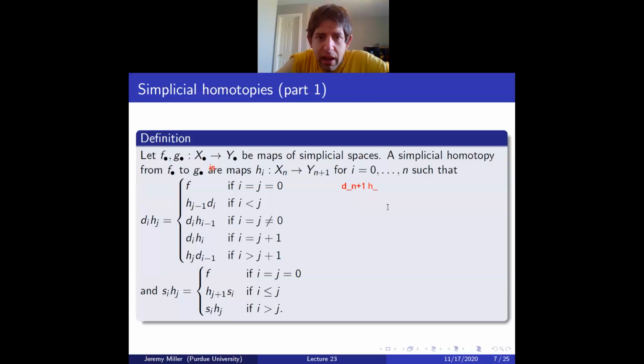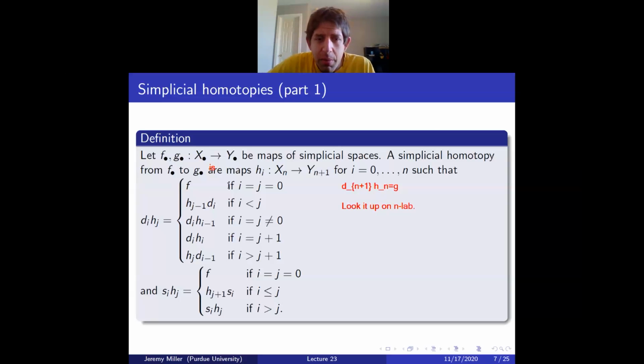Probably I forgot to copy that down. Maybe it's an n plus 1, maybe it's an n. Someone feels strongly. But I'm definitely missing some condition. Look it up on nLab. If you want to use something, look it up.